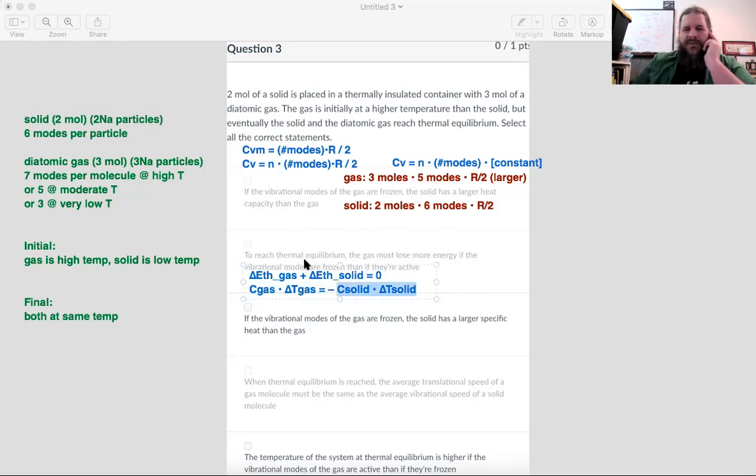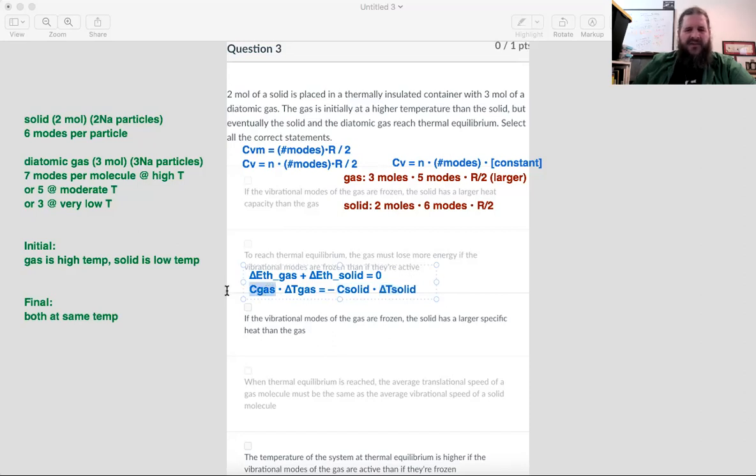If we change around the number of modes of the gas, does that influence anything on the other side of the equation? Probably does. I mean, C solid is just going to be the 2 moles times 6 modes times R over 2 we found earlier. But the change in temperature, I think, is going to depend on properties of the gas.